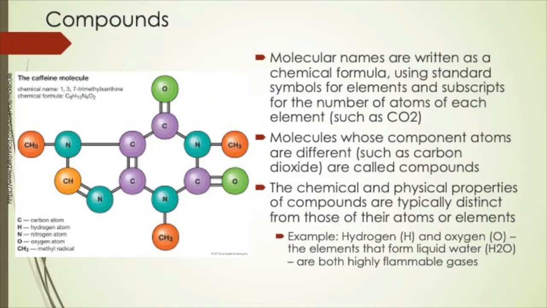So you can do this with rocks, depending on how much uranium is left in the material to turn into lead, or you can do this with organic material, depending on how much C14 is left that turns back into C12 or C13.